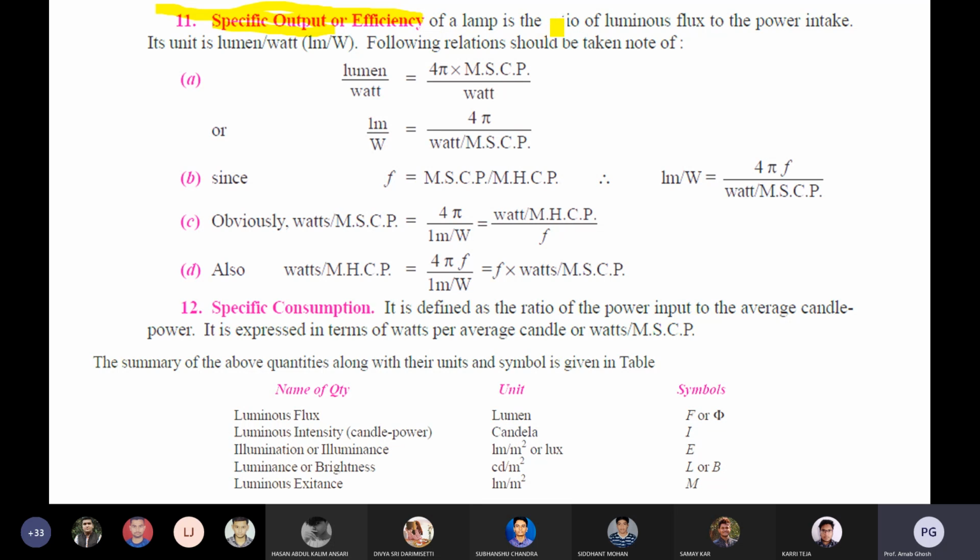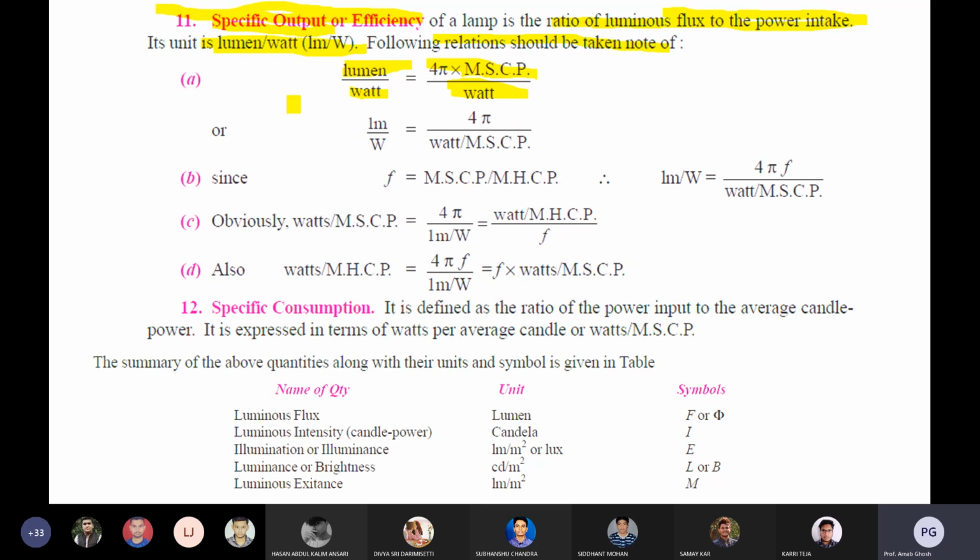For the lamp, the ratio is luminous flux to the power intake, how much power is taken. Its unit is lumen per watt. The relationship is already given: lumen equals MSCP times 4 pi, so lumen per watt equals 4 pi times MSCP divided by watt.